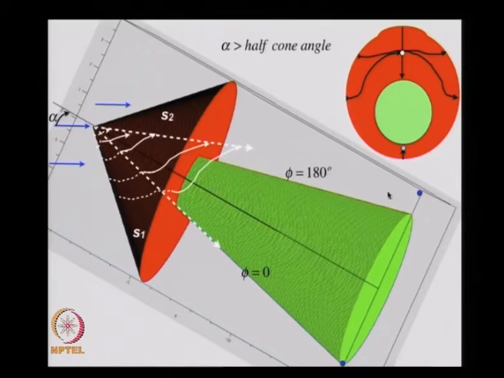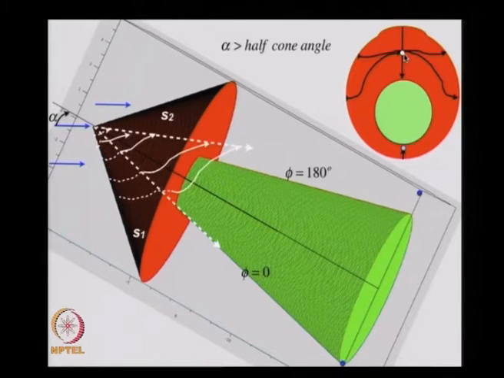So this line is projected onto this point here, and that point, if I look at it from here, is actually at this location. Unlike in the previous case, for alpha less than the half cone angle, where the vortical singularity point was on the surface, now it has lifted from here to here.